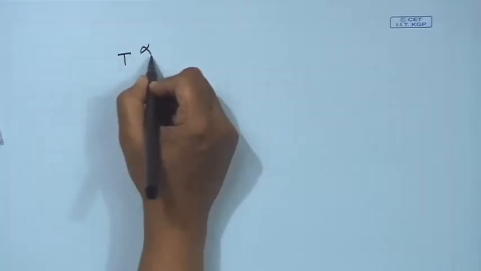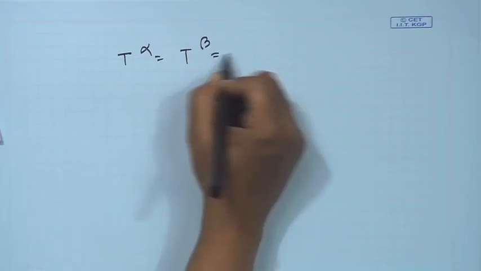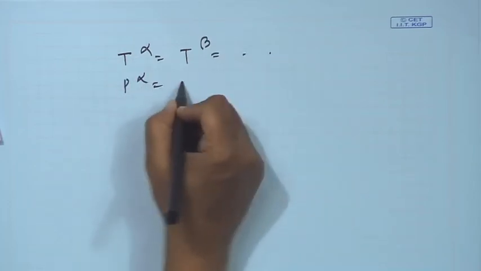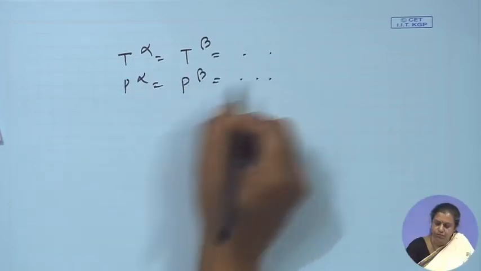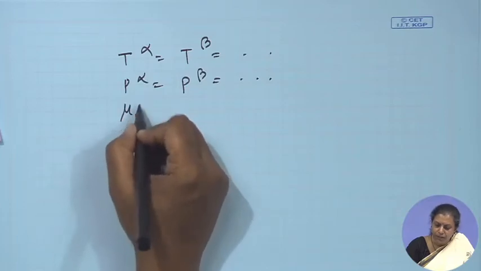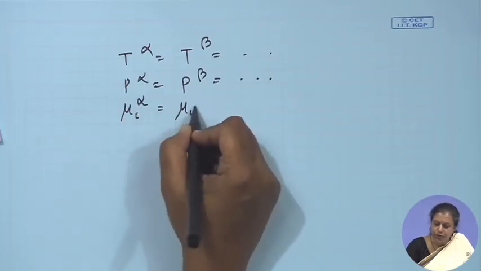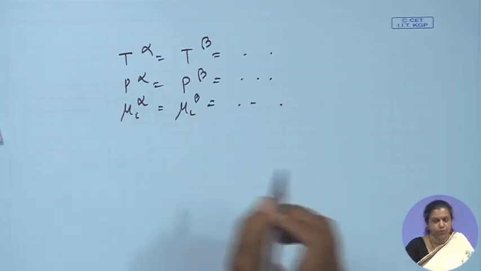And accordingly, what did we do in the last class? We had defined the conditions of thermodynamic equilibrium. If you remember, the conditions were T alpha equals T beta and so on, P alpha equals P beta and so on, and for each and every component it was mu i alpha equals mu i beta and so on.